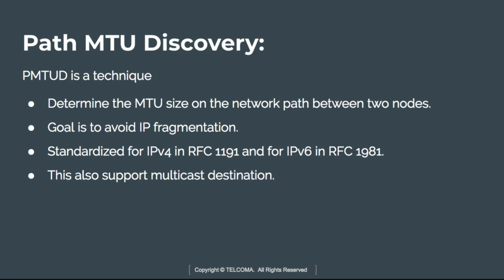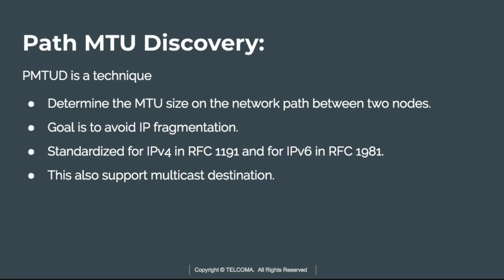The goal is to avoid IP fragmentation or IP packet splitting. The standardization of IPv4 path MTU discovery is defined in RFC 1191 and for IPv6 it is defined in RFC 1981. This also supports multicast destination addresses.